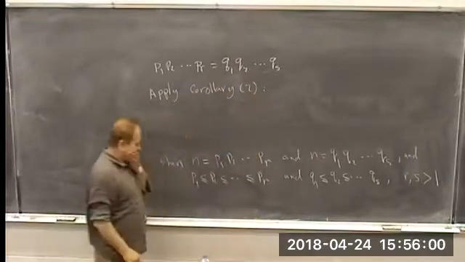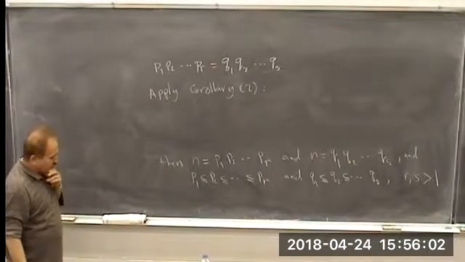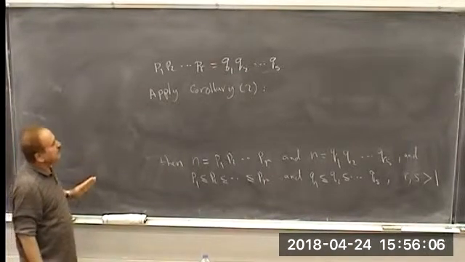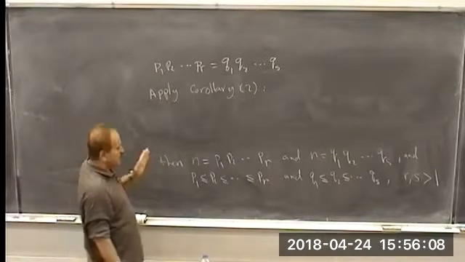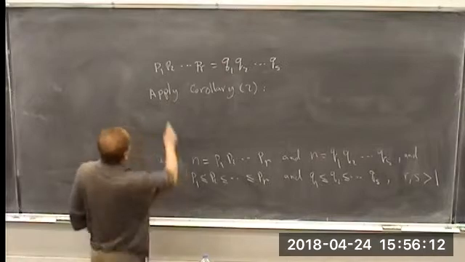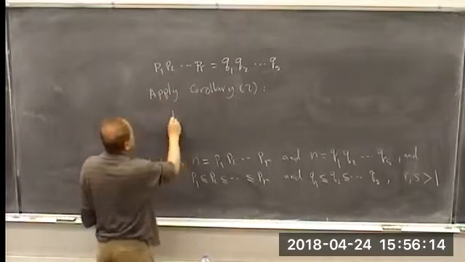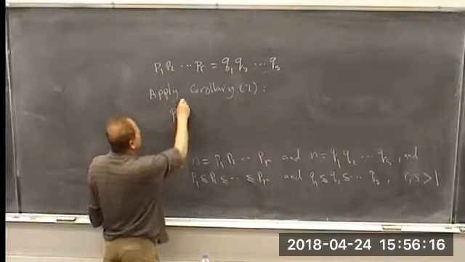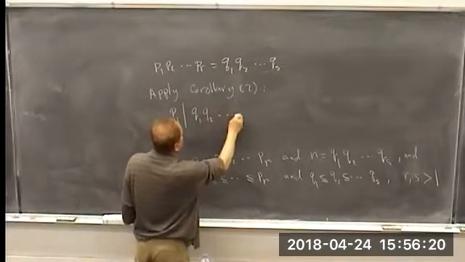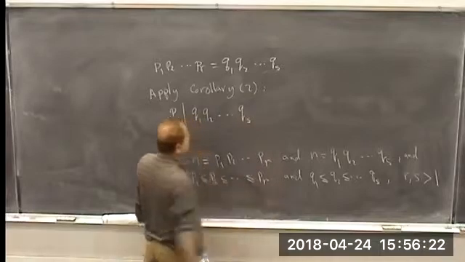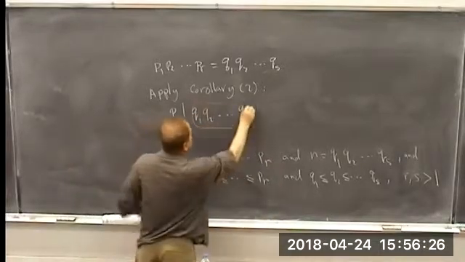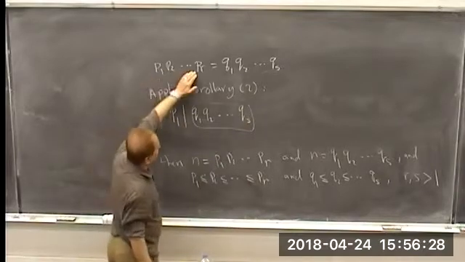Remember what corollary 2 says: if a prime divides a product of other primes, then that prime must equal one of them. So here we can say that P1 divides Q1, Q2 up to Qs, because this product is a multiple of P1 with other P's.